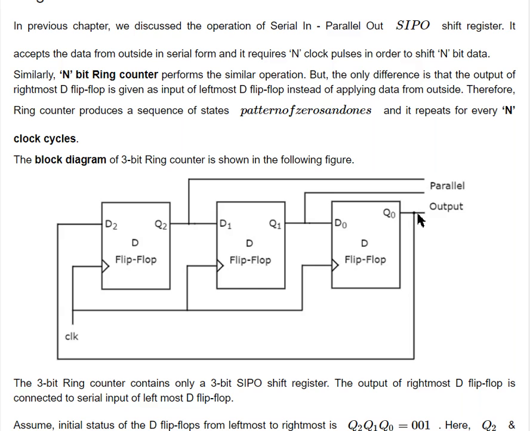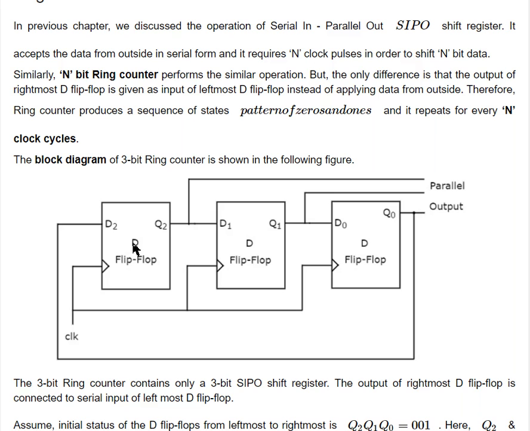See here in this diagram, the clock pulses are applied here. Regular shift registers are there. Q2 is generated here, Q1 is generated here, Q0 is also generated. So this is a parallel output. But this Q0 output is passed to the D flip-flop, that is, the LSB output is applied to the MSB input.